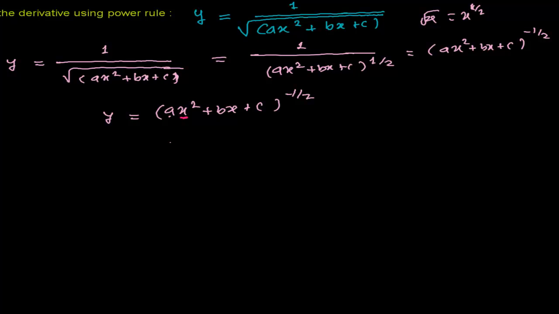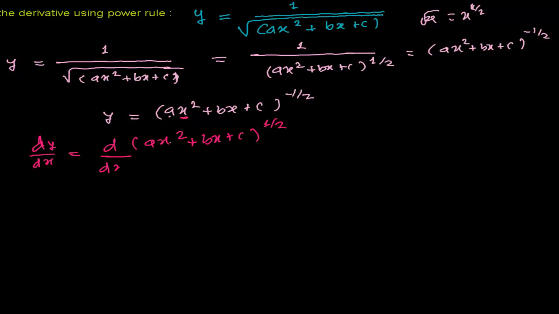So differentiating both sides with respect to x, I will get dy over dx, that is the derivative of y with respect to x, that is d over dx of (ax square plus bx plus c), the function whose power is minus 1 by 2.